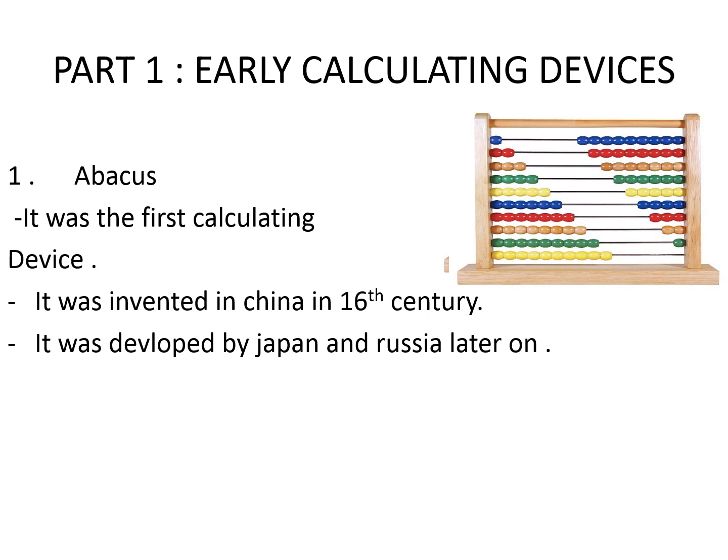In short, I will repeat what the abacus is all about. It is the first calculating device. It was invented in China in the 16th century and it was developed by Japan and Russia later on, to make it more errorless, more correct and more flexible.